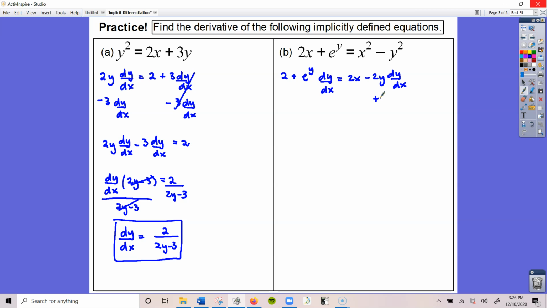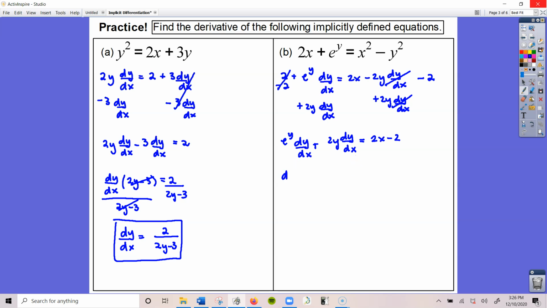So I am going to add this 2y dy/dx. And then I'm going to subtract this 2, since it does not contain dy/dx. So now this is what I have. e to the y dy/dx plus 2y dy/dx is equal to 2x minus 2.